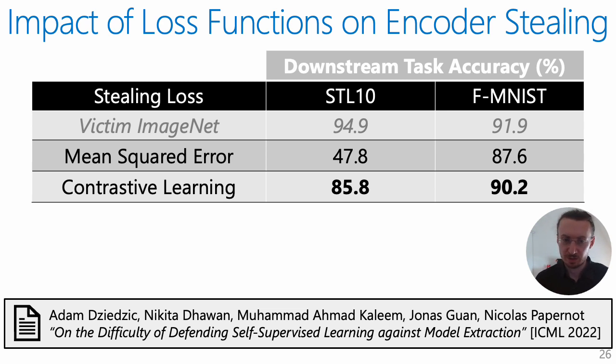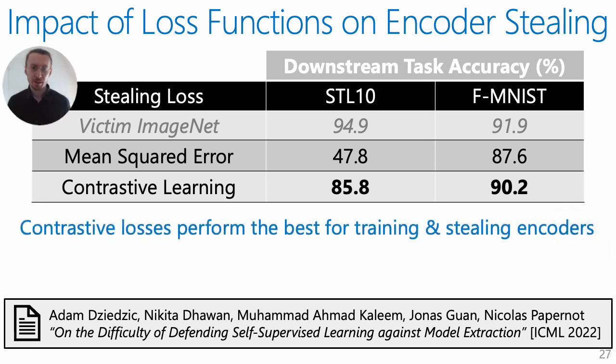Modern batch contrastive losses, like soft nearest neighbors, compare not only positive but also negative pair samples. We observe that, first, the contrastive losses perform the best for training and stealing the encoders. The general trend is that the best loss for stealing a given model should be roughly the same as the loss used to train the model that we want to steal.